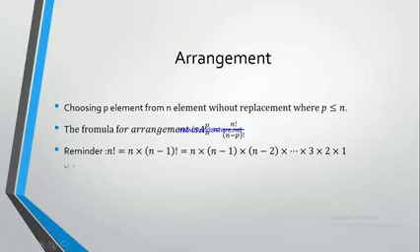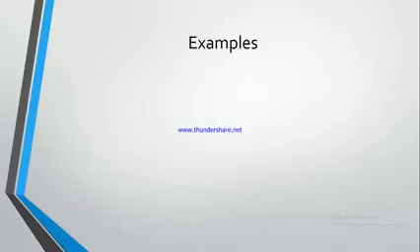But remember that n factorial is n times (n minus 1) factorial, which is n times (n minus 1) times (n minus 2) times etc. times 3 times 2 times 1. So it's a product from n to 1. By convention, 0 factorial is equal to 1, 1 factorial is 1, and 2 factorial is 2 times 1, which is equal to 2.